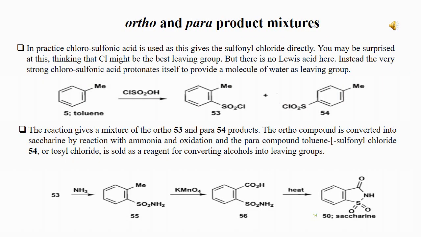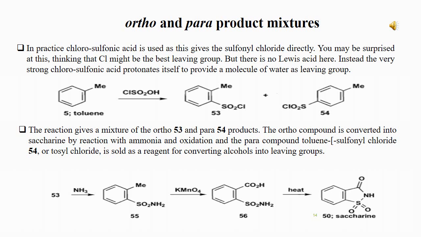In practice, chlorosulfonic acid is used as this gives the sulfonyl chloride directly. Now we might think that chlorine would be the best leaving group, but there is no Lewis acid here, so instead the very strong chlorosulfonic acid protonates itself to provide a molecule of water as the leaving group.